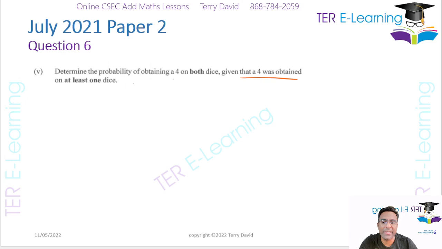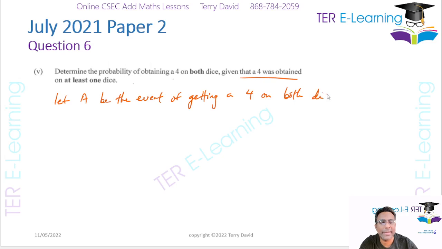So let A be the event of getting a 4 on both dice, and we're going to let B be the event of getting a 4 on at least one die.